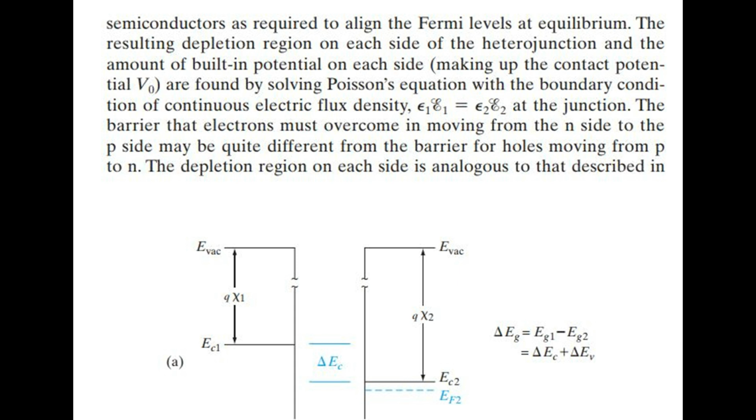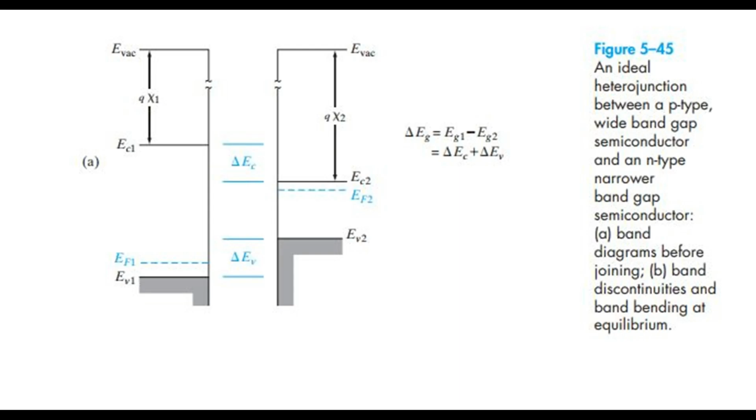The barrier that electrons must overcome in moving from the n side to the p side may be quite different from the barrier for holes moving from p to n. The depletion region on each side is analogous to that described in Eq. 5.23, except that we must account for the different dielectric constants in the two semiconductors.